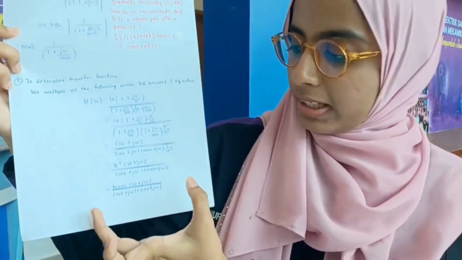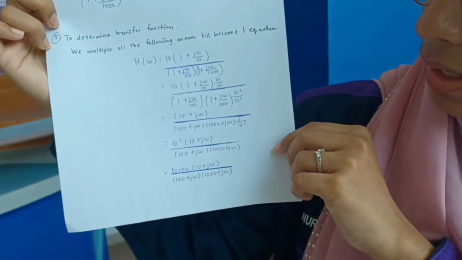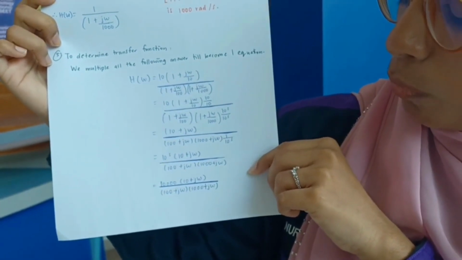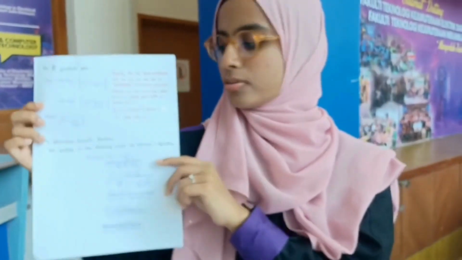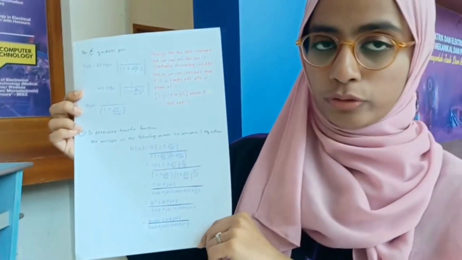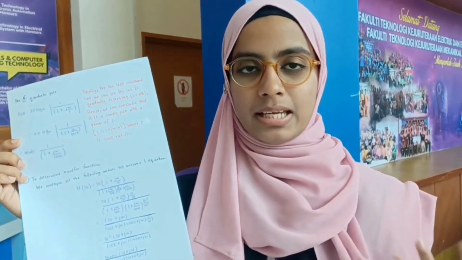Equals, final answer is 10,000 bracket 10 plus j omega divided by 100 plus j omega times bracket 1000 plus j omega. So from here I can conclude that my team members and I did this number 3 question.